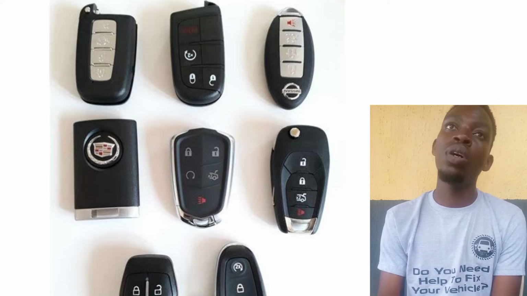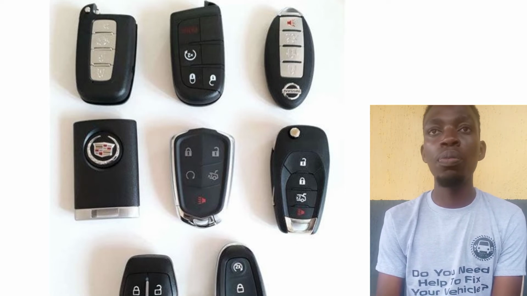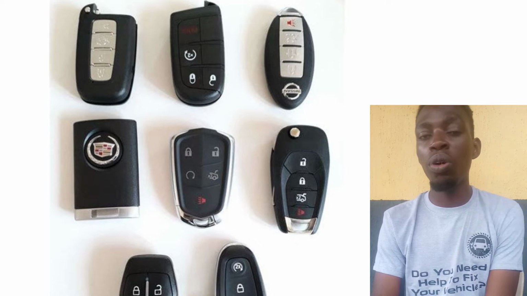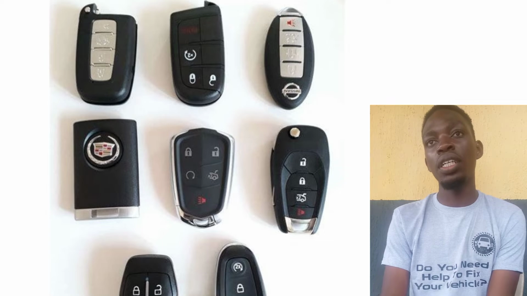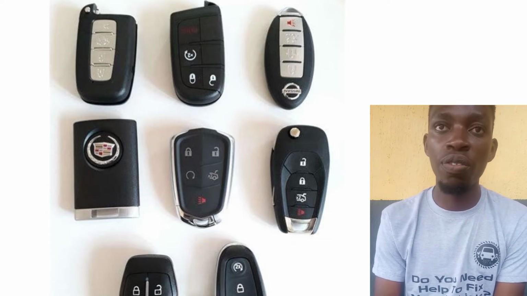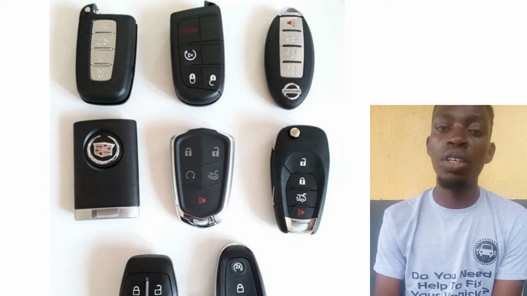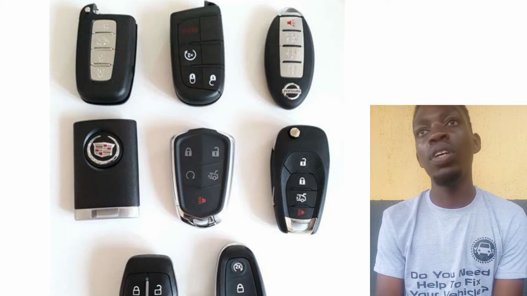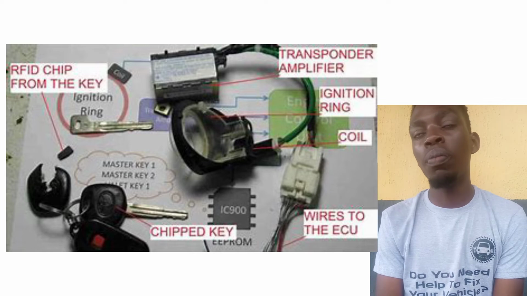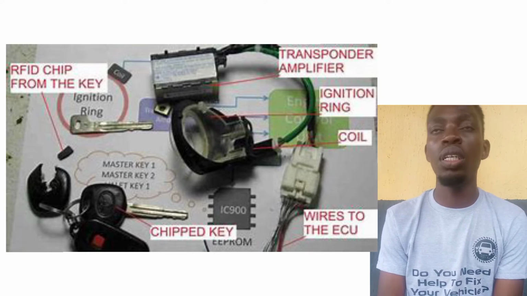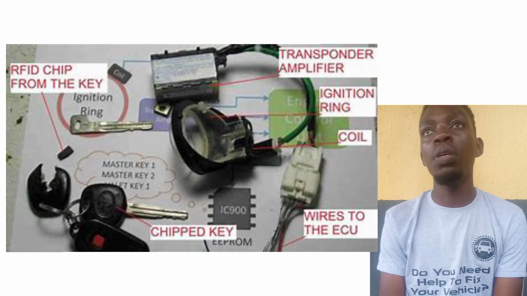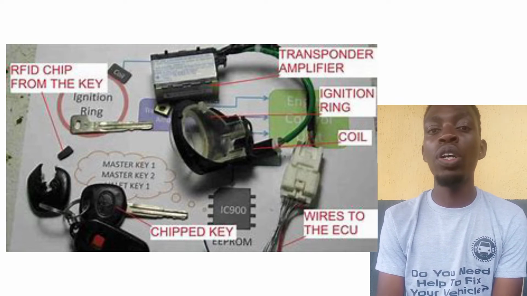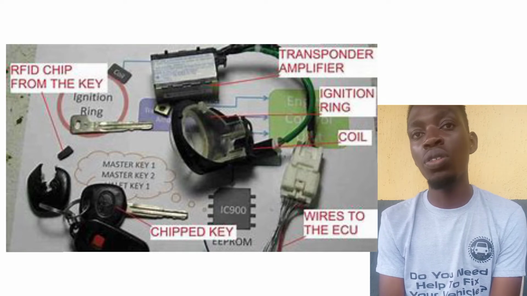But before we go into practical steps on how you can perform key programming, we'll look more into what key programming is, and understand from the basics, from the foundation, so that we can get an overview. There are different types of vehicle, various brands of vehicle with various key systems. Key programming is all about a protocol to secure your vehicle from theft, and different manufacturers use different protocols.